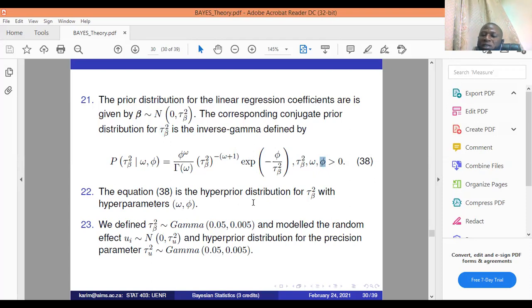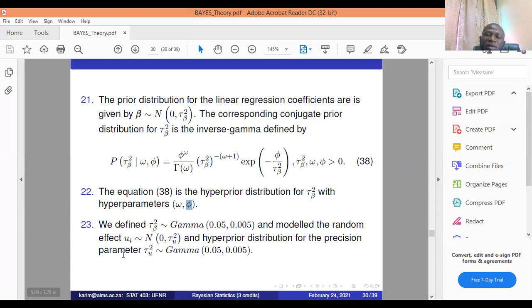So equation 38 is the hyperprior distribution for the precision of the parameter beta with the hyperprior parameters omega and psi. So we defined the precision for the parameters, that is beta, to have a gamma distribution defined by that.